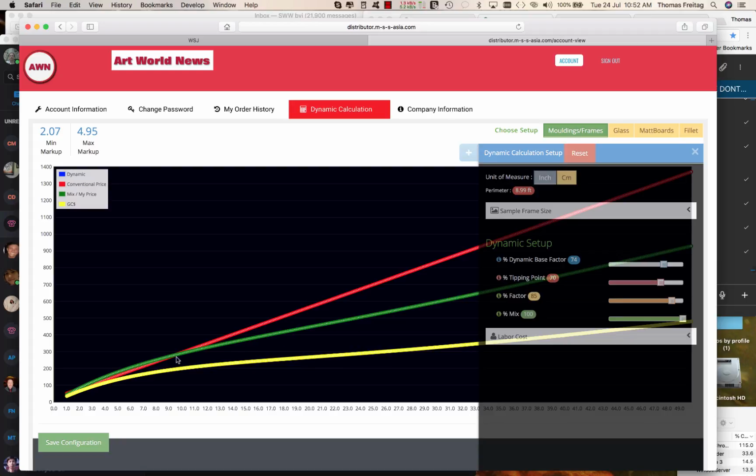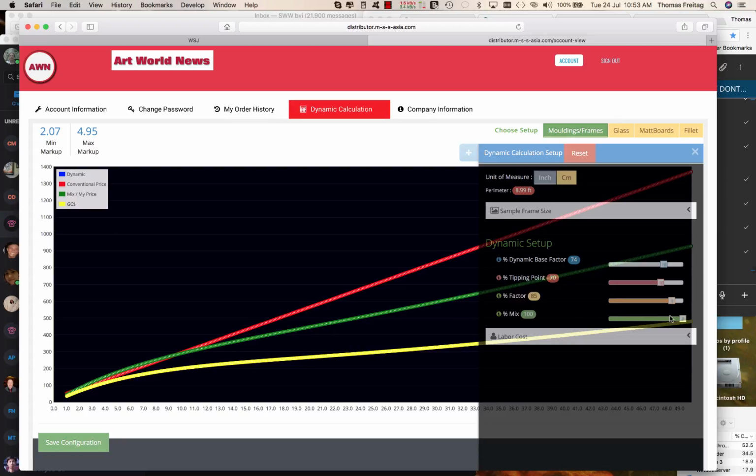And you can see that below your average molding price, the prices are slightly higher than your conventional calculation. And if you go above, the prices are marked up slightly less than your conventional calculation.